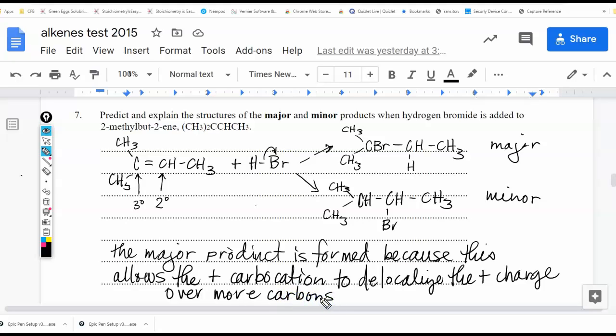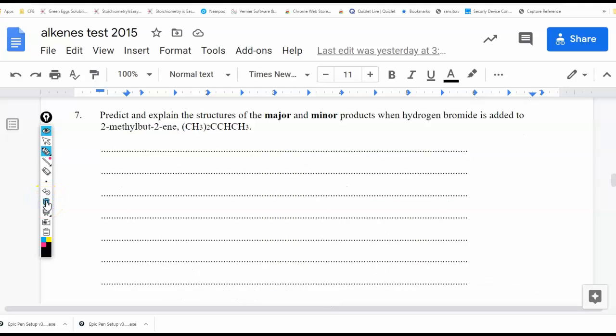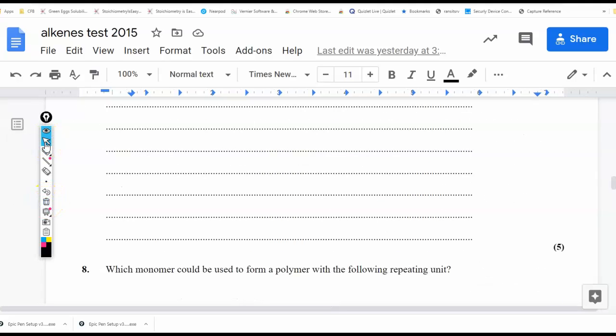All right, and so that's going to be your reasoning why, to be able to explain what is happening. And this is specifically talking about Markovnikov's rule. Okay, so we'll continue on here.